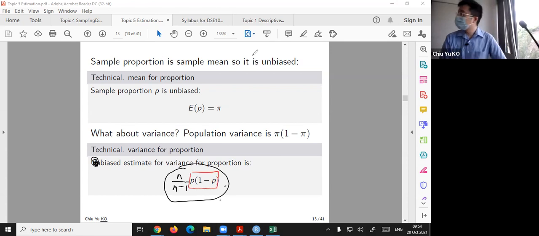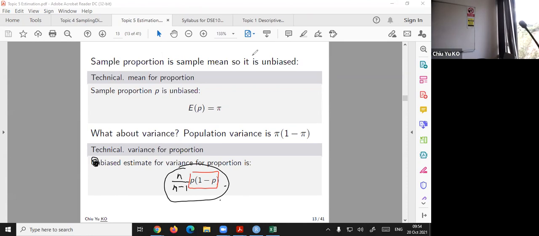The reason you don't need to adjust is that when you do proportion data, n is usually not small, right? You're not going to ask 10 people and be done. Usually you have a big n, maybe a few hundred or at least 100. Then this adjustment is usually not a big deal. When n is big, this is nothing. So you would not be bothered, and it is okay to use P times 1 minus P.